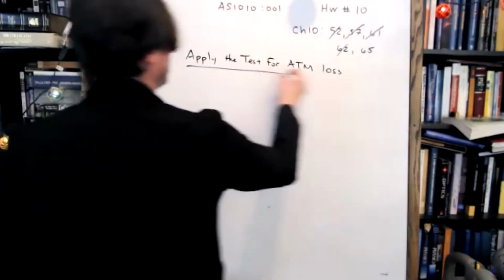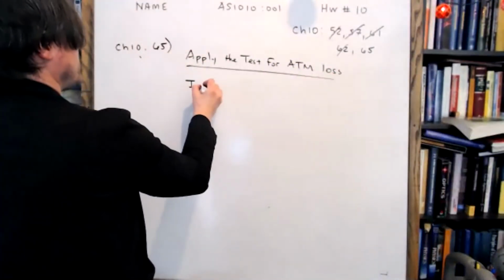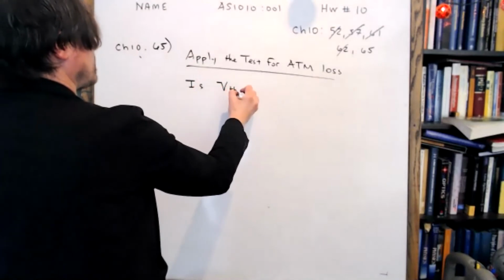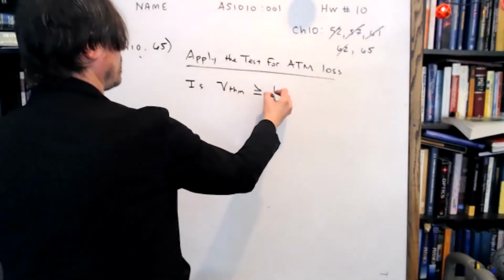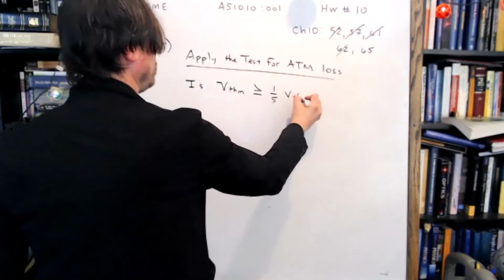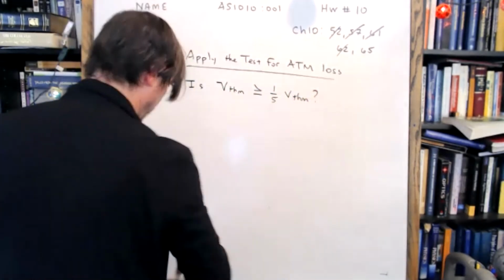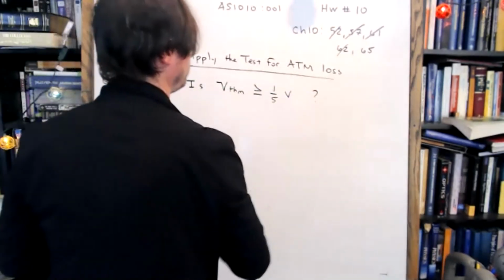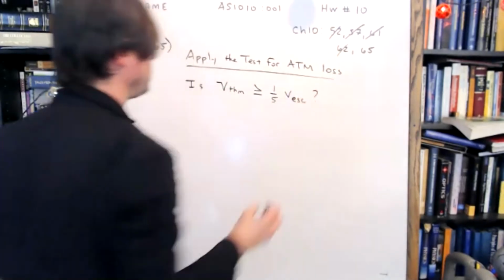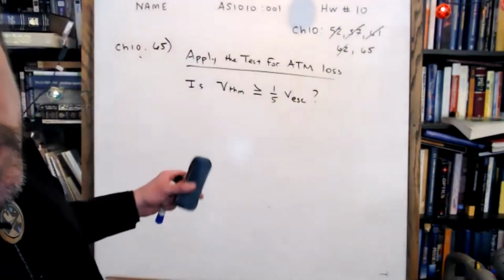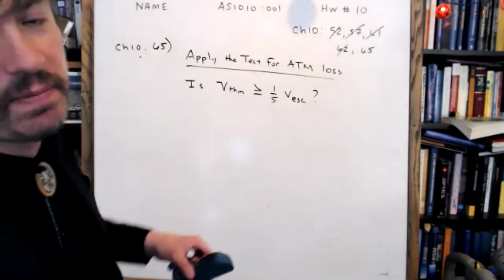And the test goes like this. Is the thermal speed greater than or equal to 1/5 of the planet's escape velocity? 1/5 is 20%.